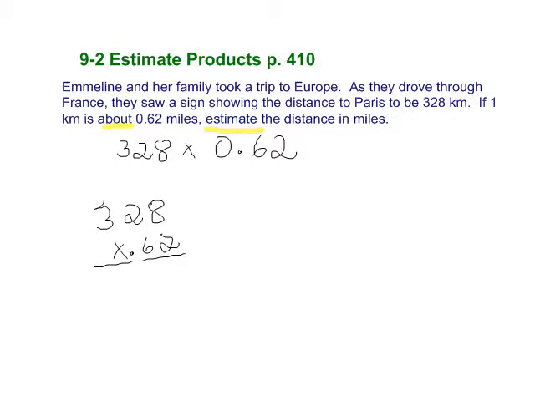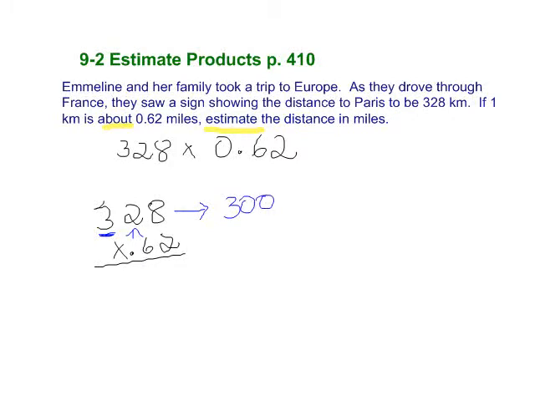The very first step is to use our rounding rules. Let's look at 328. We will look at the greatest place value, which is 300. We will look at the number right next to it. If it's less than 5, we will go ahead and round down to just 300.